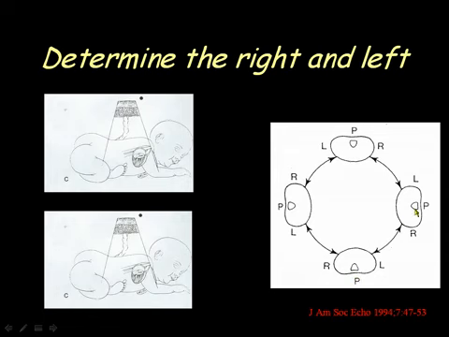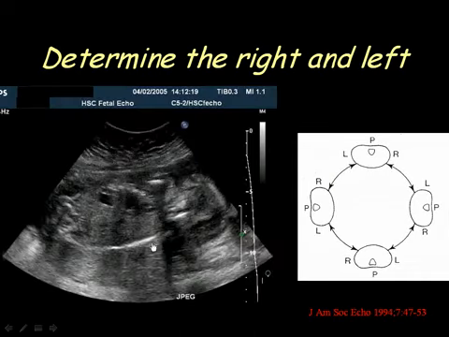This represents the spine, and the sternum is here. If you see the spine towards this side, then the right is down, the left is up, and the opposite for the other side. And remember it as rotation in clockwise with the spine outside, and the right comes before the left. Okay? Let's see an example.